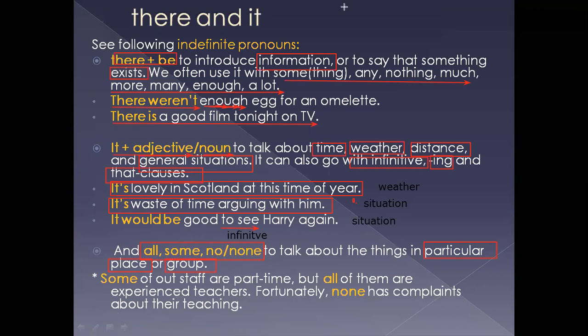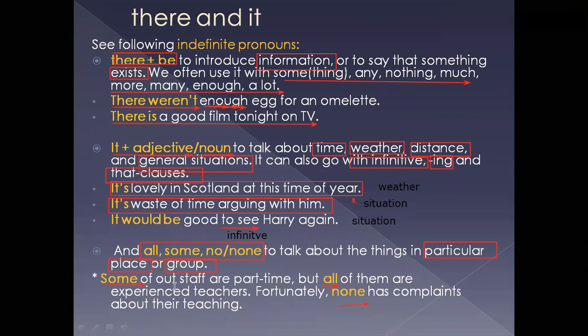So here, some over here, and all over here. None has complaints about their teaching. So what are these? They are talking about a particular place or particular group. For example, some out of our staff. Sorry, there is a mistake again.